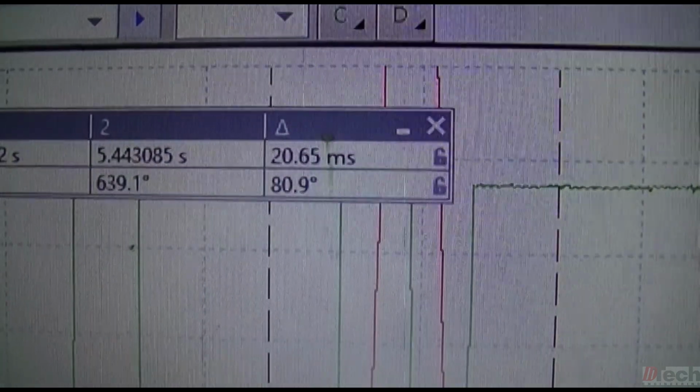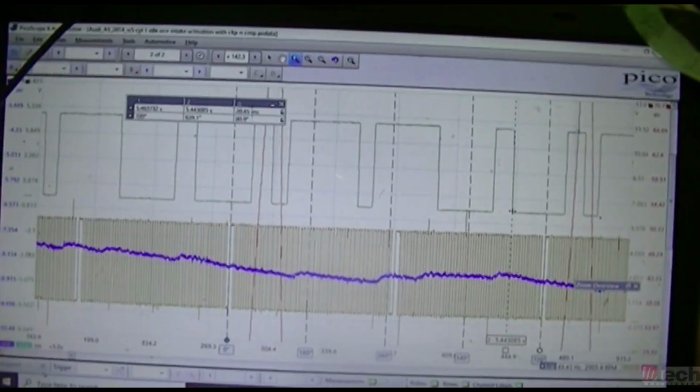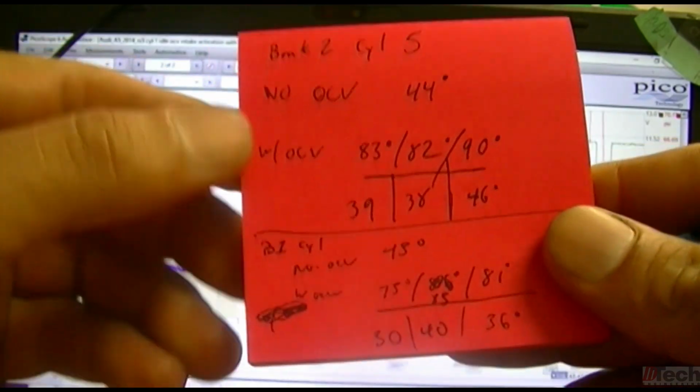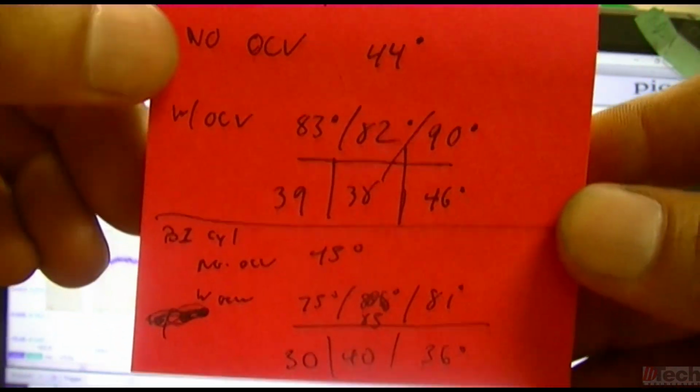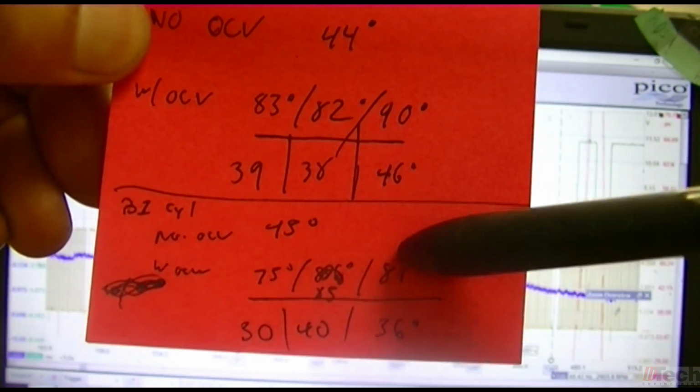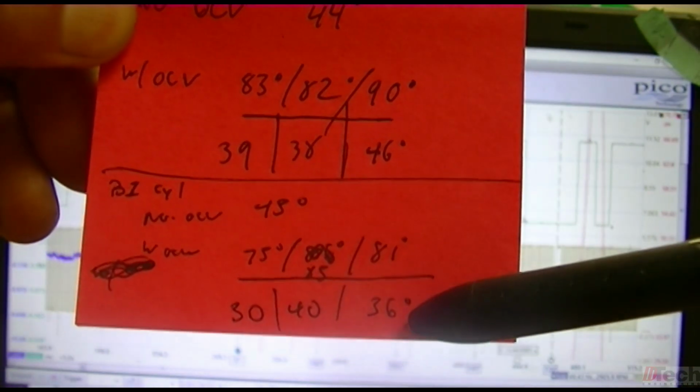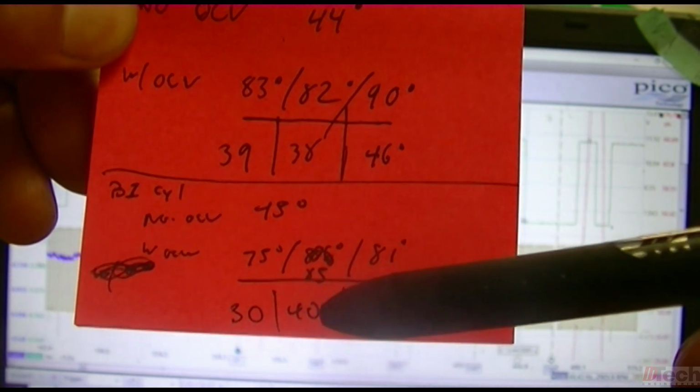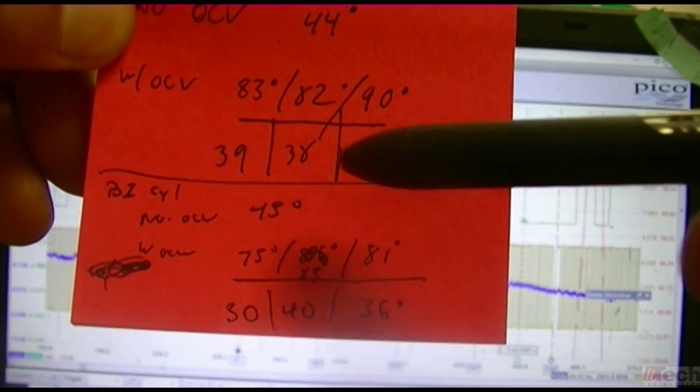And then our last measurement would be 81. The way that cylinder 1 looks, again, we start at 45. These are our travel points and the amount in degrees, so 36, 40, 30.